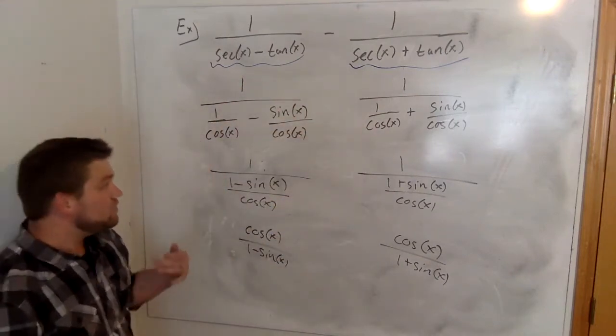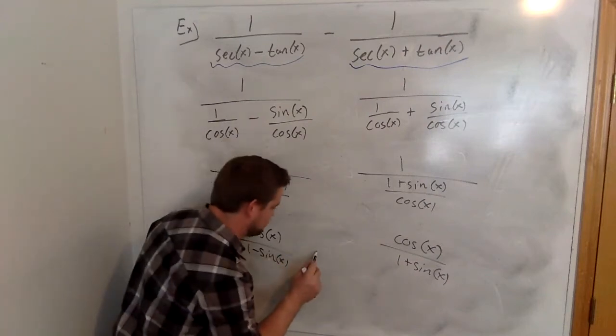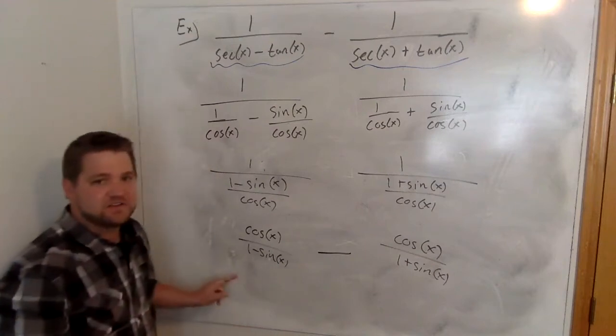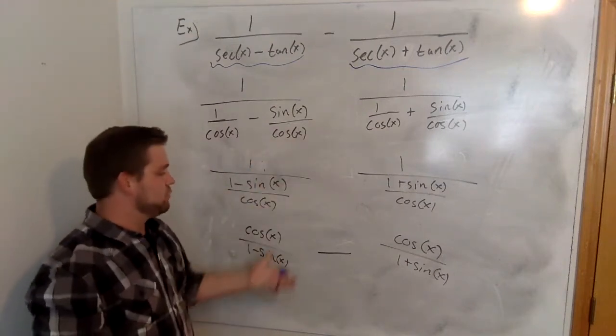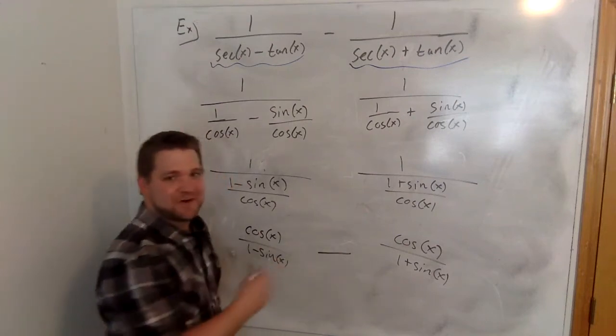So what do we have to do? We have to subtract these two pieces here. I'm going to write it up here so we have a little bit more room. This is not simplified because I still have a fraction that we need to subtract.